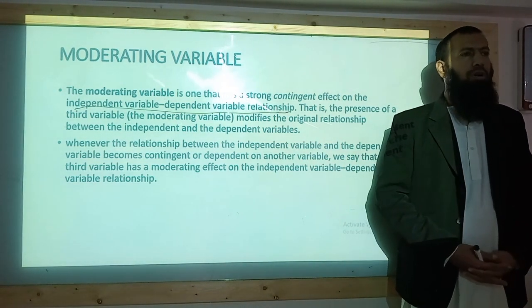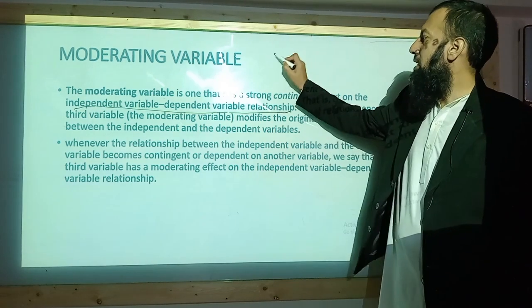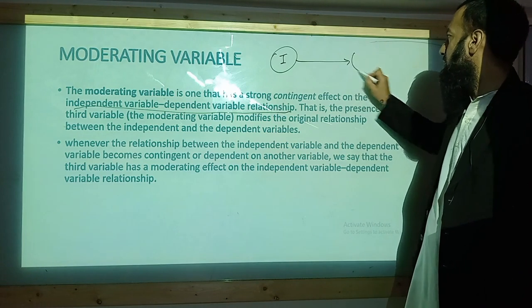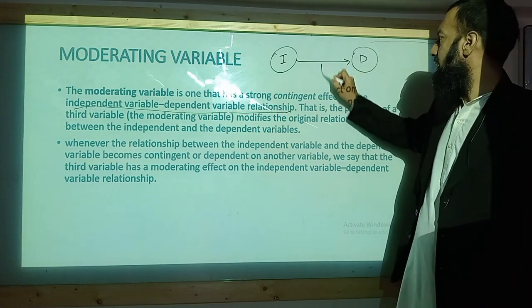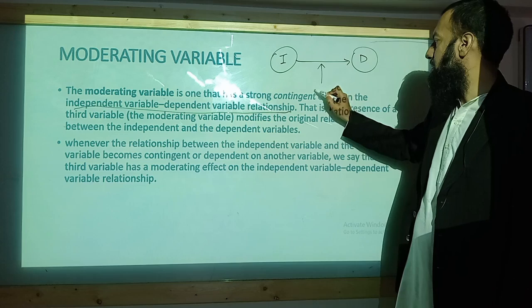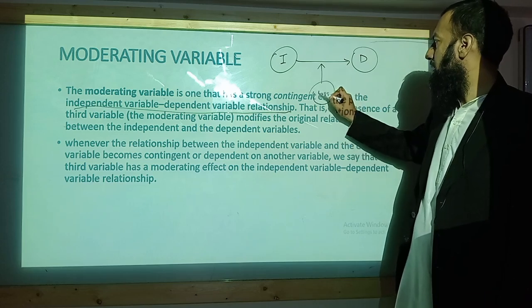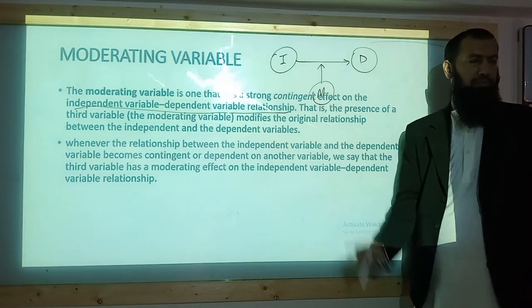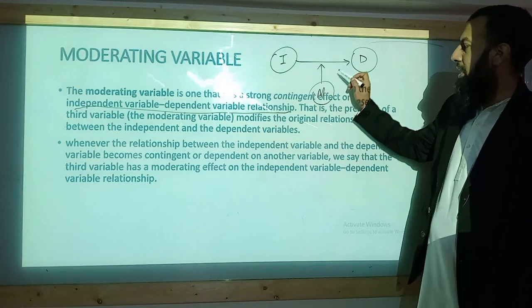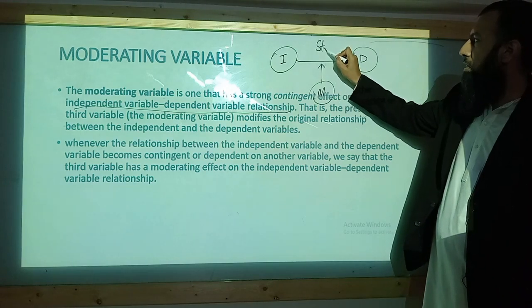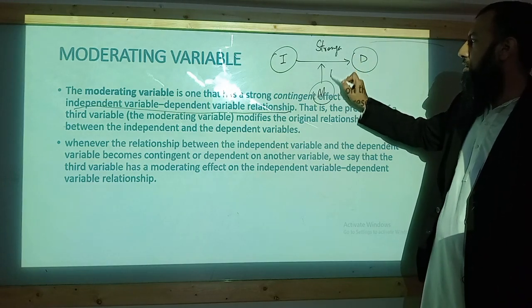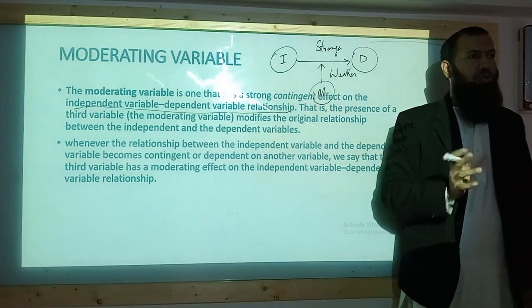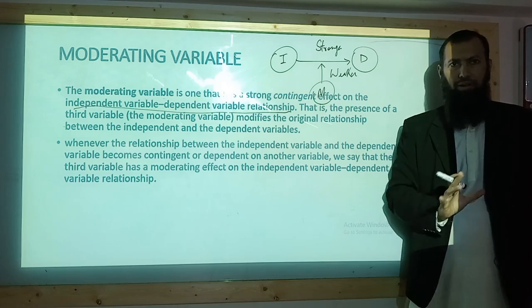So what we have learned is that there is a relationship between the independent variable and the dependent variable, and there is a variable which is changing their relationship, either making it stronger or weaker. Understood? So this is how we define it.